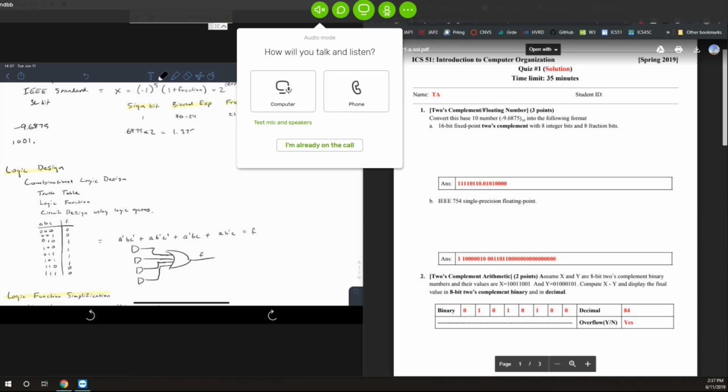Then 0.375 times 2, and this is a 0 now. Then 0.750 times 2 equals 1.5, so that's a 1. Then 0.5 times 2 equals 1.0. Because it's 0, you can stop there. Does that make sense? Is it 1011?